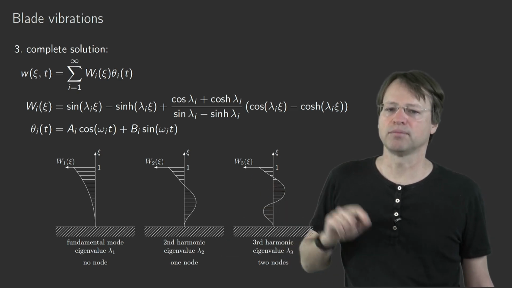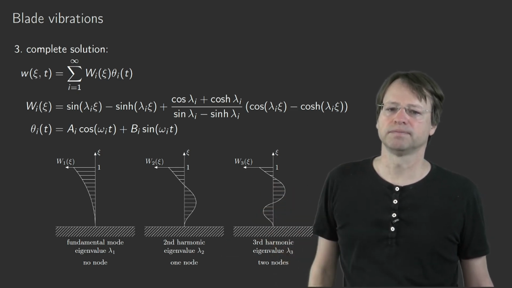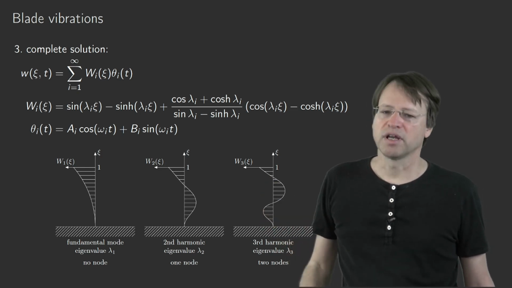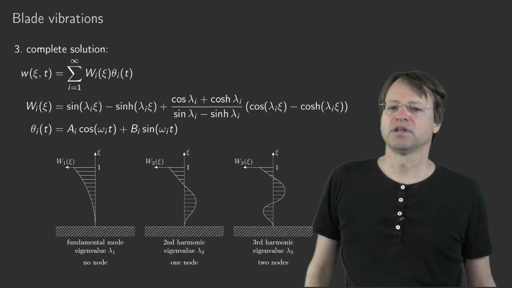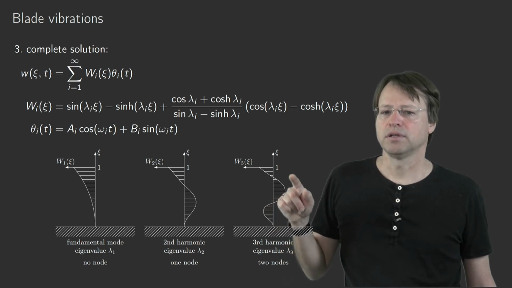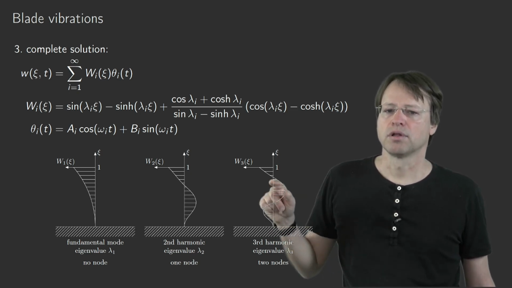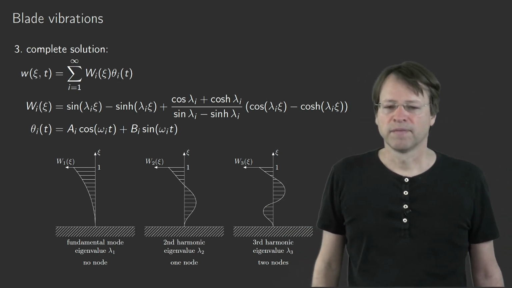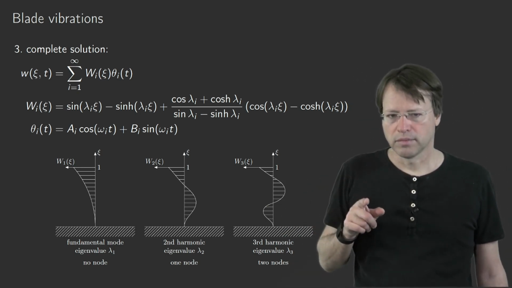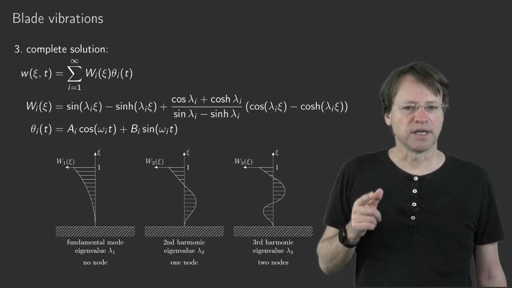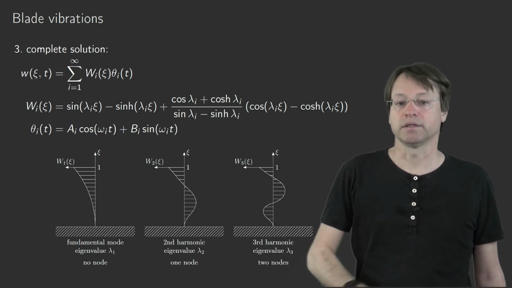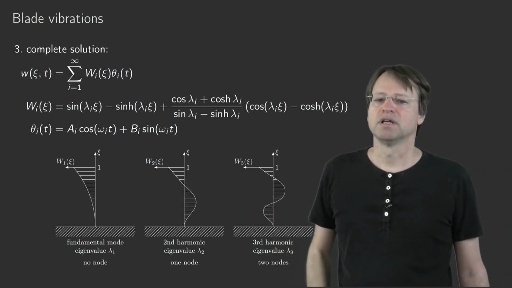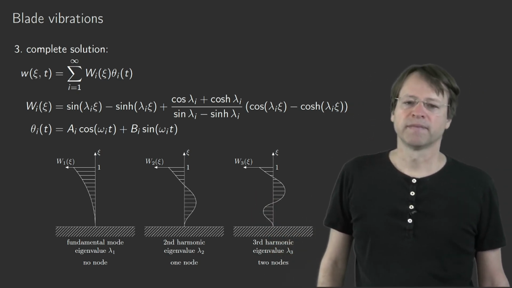And for the third harmonic, we have two local maxima and also two nodes. So guess what you would get for the fourth harmonic? You would get 3 local maxima and also 3 zero crossings. So if you consider mode number n, you would get n-1 zero crossings and n-1 local maxima of that mode.